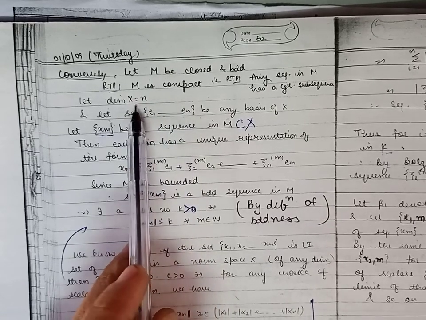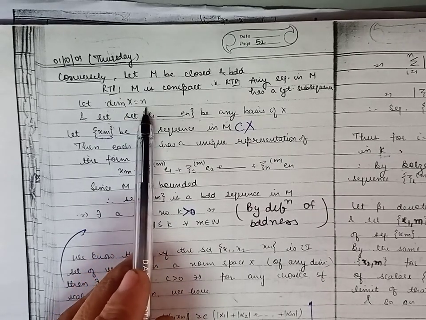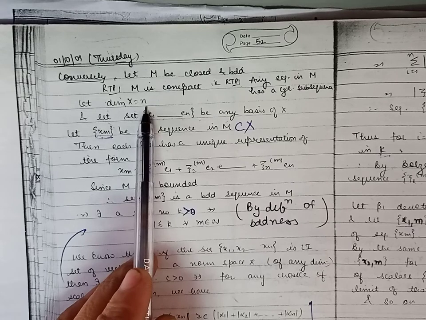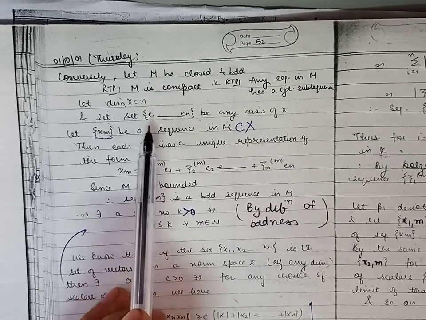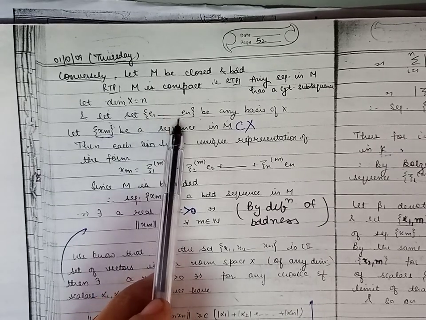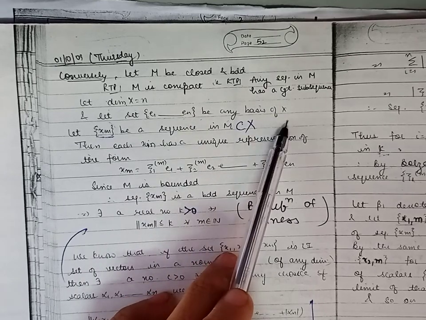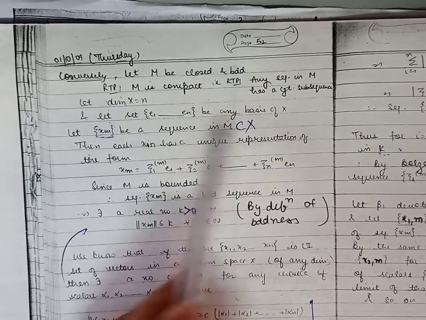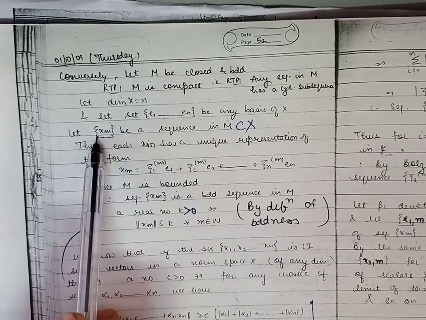Now because X is finite dimensional, let us take the dimension of X to be n, and so we can take a basis consisting of n vectors, say the set consisting of the vectors e1, e2, e3 up to en. This we have taken as a basis of X. Now let us take a sequence in M denoted by xm.